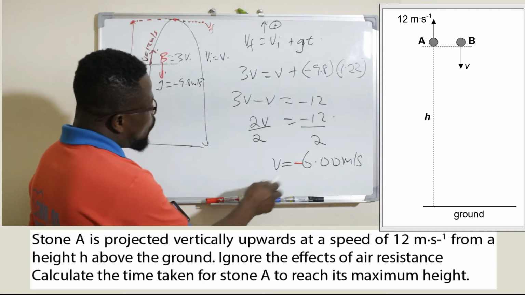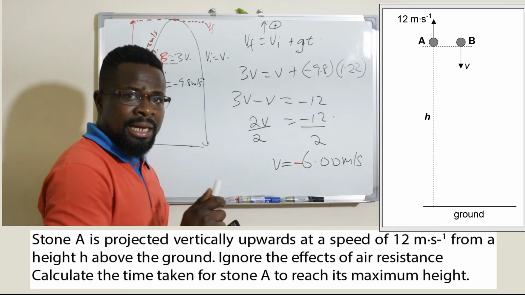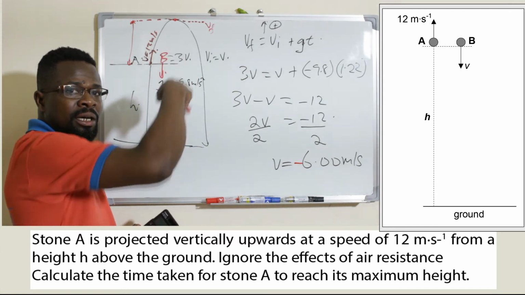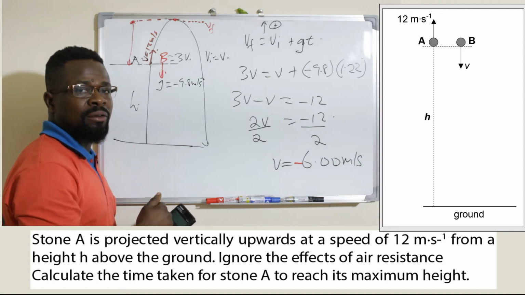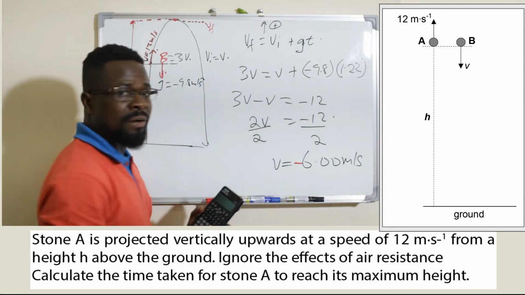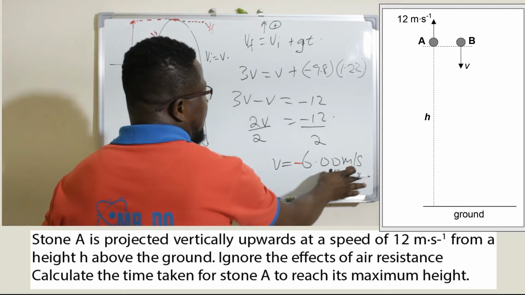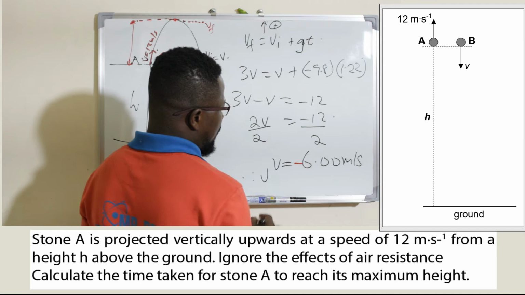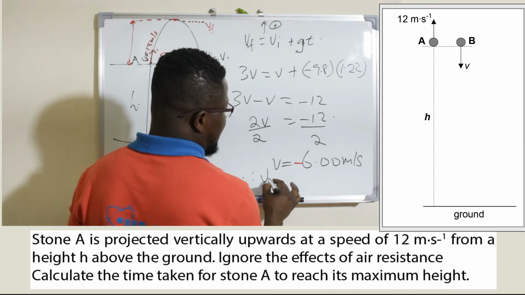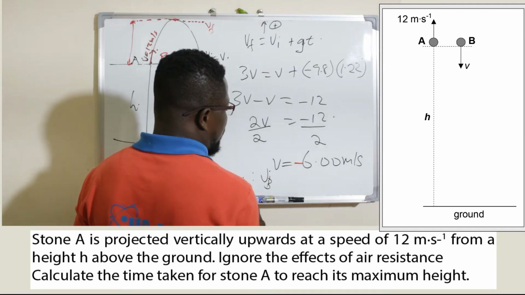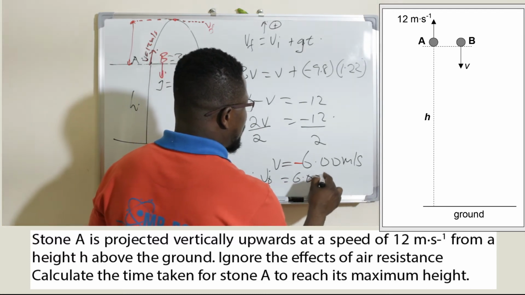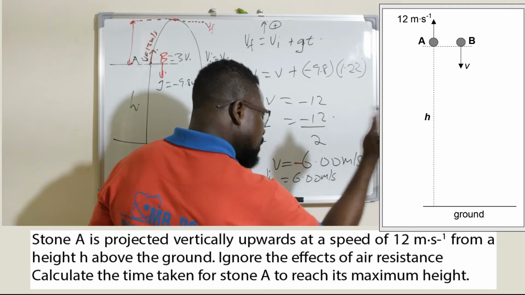Alright, now let's check. What is that negative sign telling you? The negative sign is telling you that B is moving downwards. So that is the direction of motion, and that's the reason why we have the value to be negative. If I don't want to leave it like this, I can simply write that therefore V B, that is the initial velocity of the ball B, is now equal to 6.00 meters per second downwards.